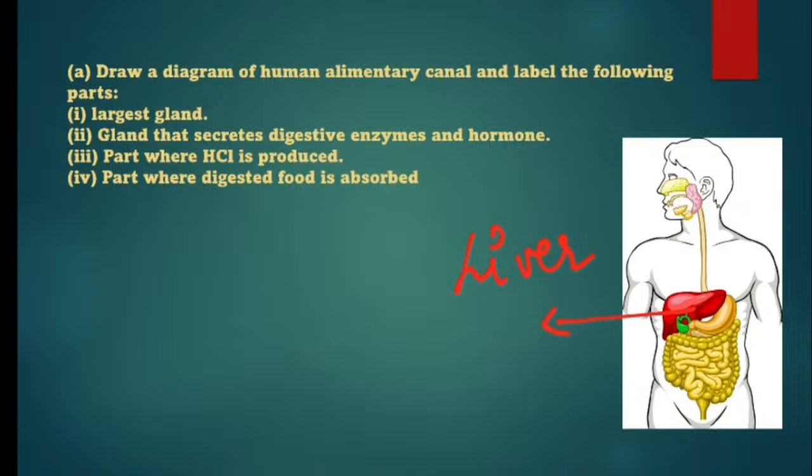Gland that secretes digestive enzymes and hormones. So which is the site that secretes both digestive enzymes and hormones? That is the pancreas. Alright, so the pancreas secretes both the hormones and the digestive enzymes. Part where HCl is produced.